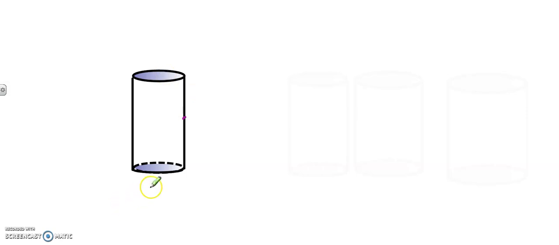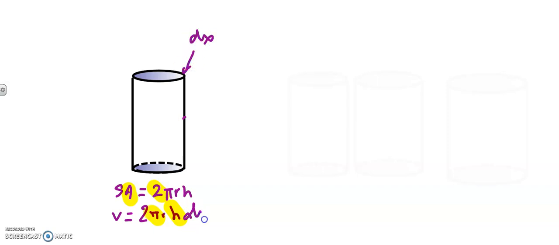The volume can be calculated by the surface area of the wall, which would be the circumference times the height of the cylinder. But then to find the volume, I'm going to take that area, 2 pi rh, and multiply that by the thickness of this cylinder, dx. And that'll be the volume of each one of those little shells.